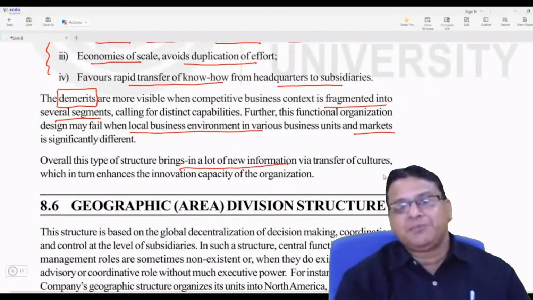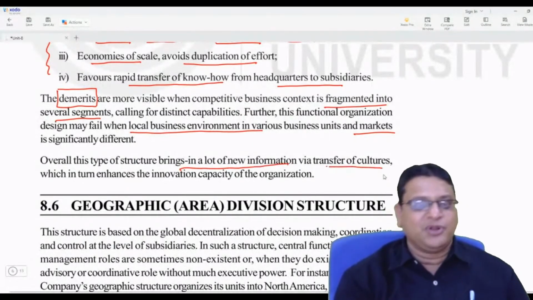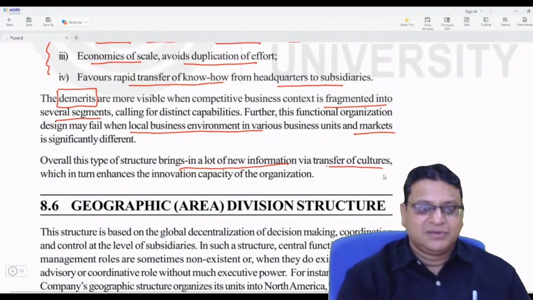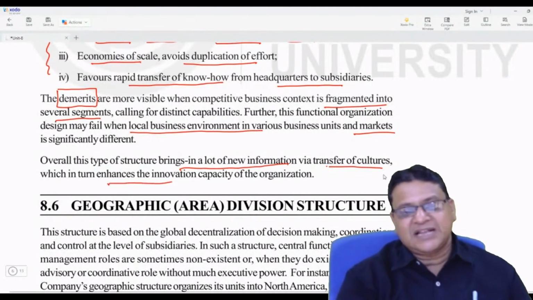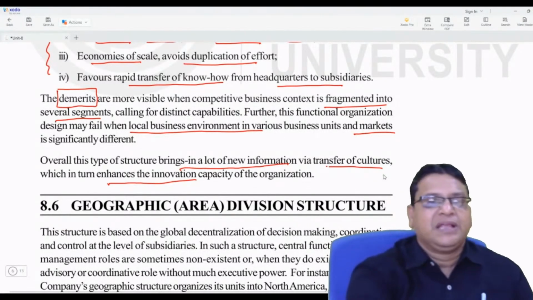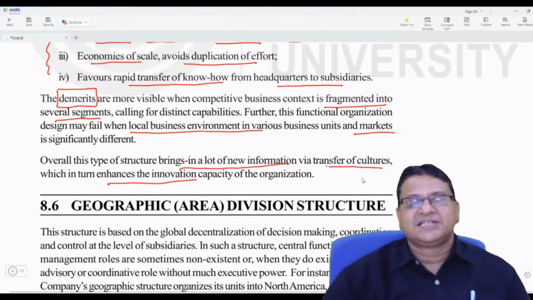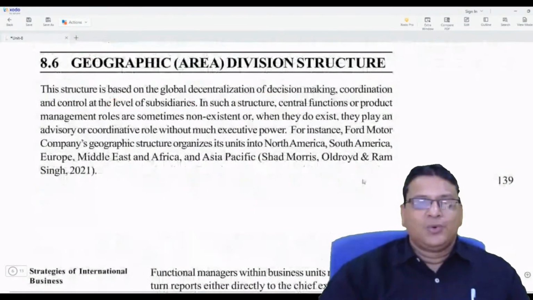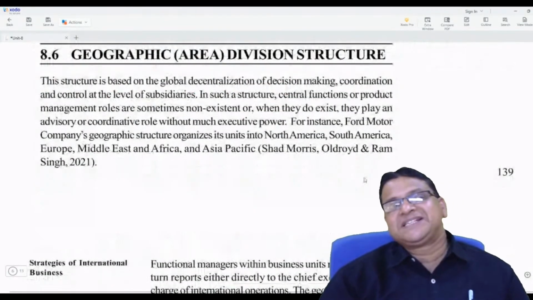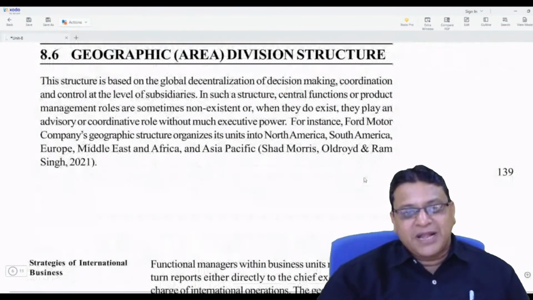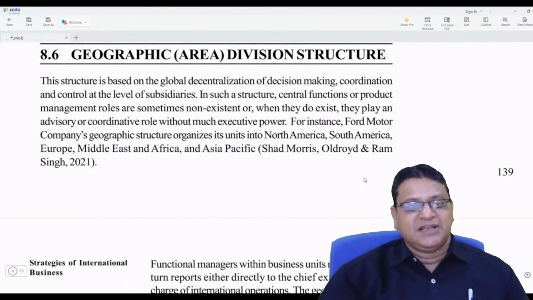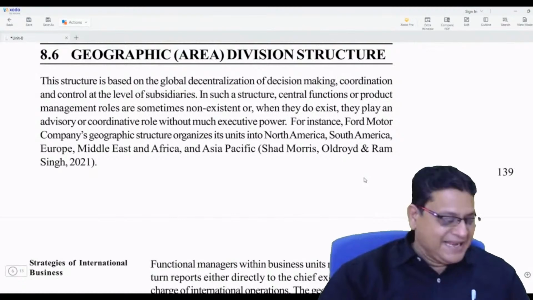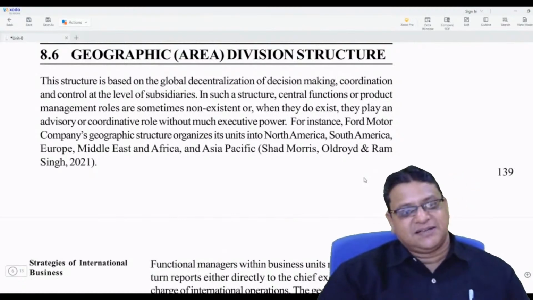The global functional strategy brings a lot of new information. There will be a transfer of culture. There will be a chance of innovation in the organization by following global functional strategy. The MNCs may follow global divisional strategy or geographic divisional strategy, or they may follow area-wise divisional strategy.